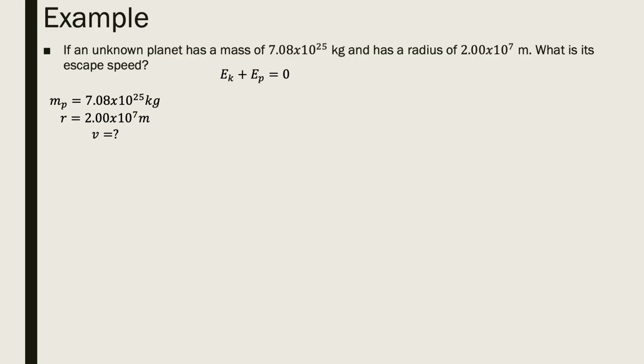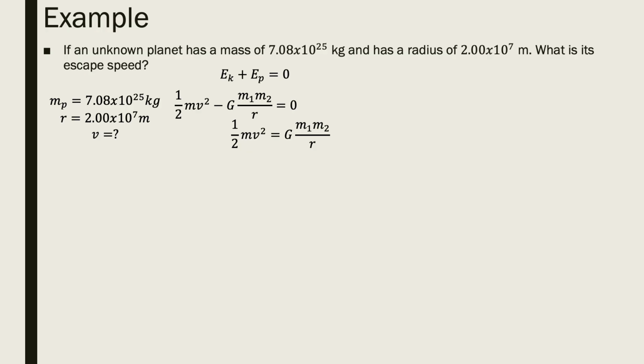So, we have EK plus EP equals 0. We can substitute in our equations for that. So 1/2 mv squared minus G m1 m2 over r. I'd move our gravitational potential to the other side of the equation so we can start isolating for v.